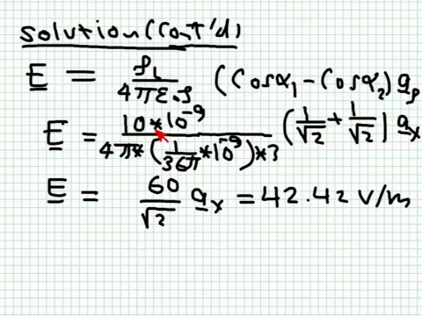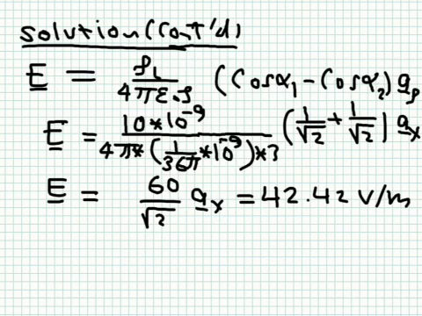We know the linear charge is 10 nanocoulomb. The distance between the wire and the observation point is 3, as we have seen. And we agreed that one of alpha 1 and alpha 2 is 45 and the other is 135. This will give you 1 over square root 2, and this will give you minus 1 over square root 2 with a negative sign, so you end up here with 2 over square root 2.